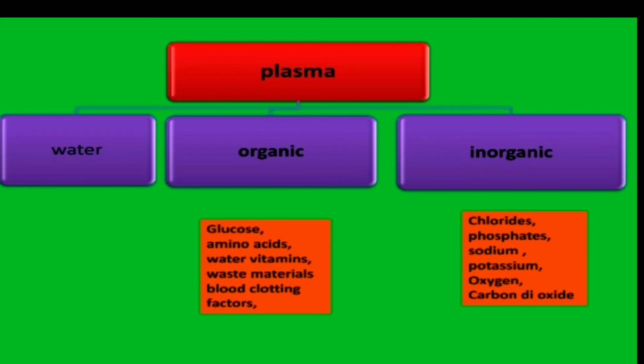Now I start with plasma. As I told you, it is the liquid portion of the blood, and it is mostly composed of water, with some organic and inorganic materials present. Among the organic materials, the blood contains waste materials like urea and uric acid, and after digestion, digested food materials like glucose, amino acids, and fatty acids.